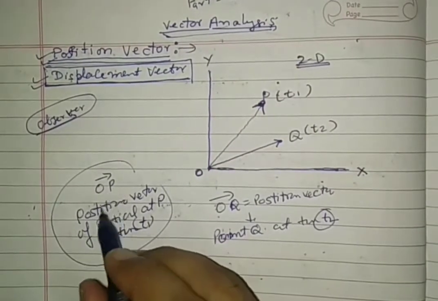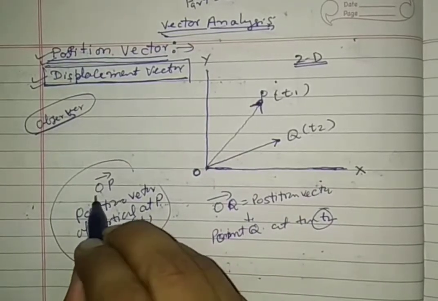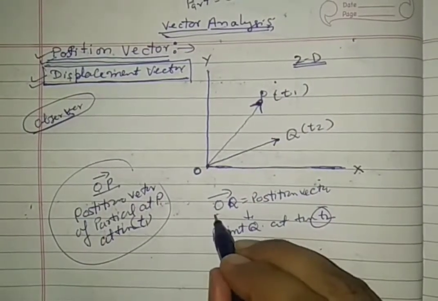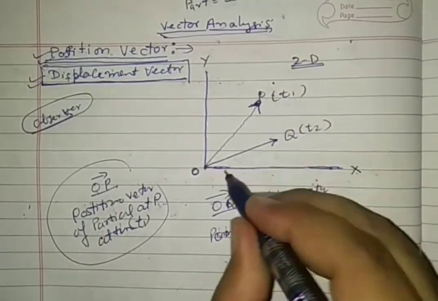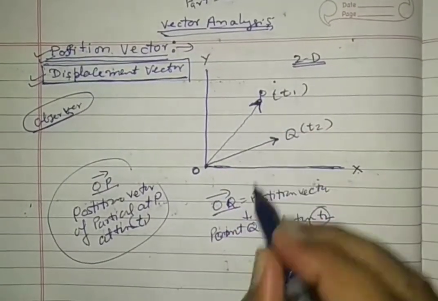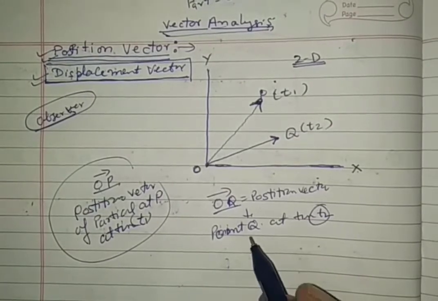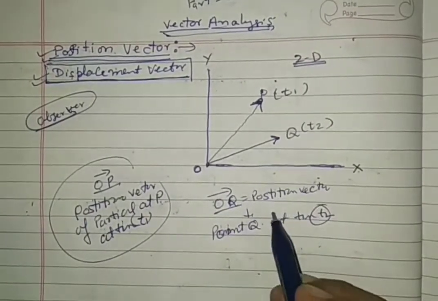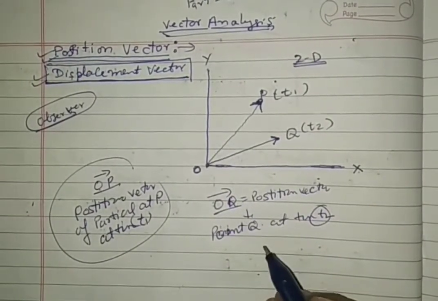So this is position vector OP and this is position vector OQ. The arrow represents direction and the length represents the magnitude of a position vector.